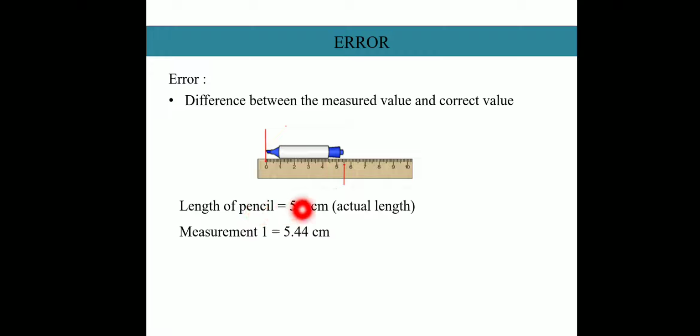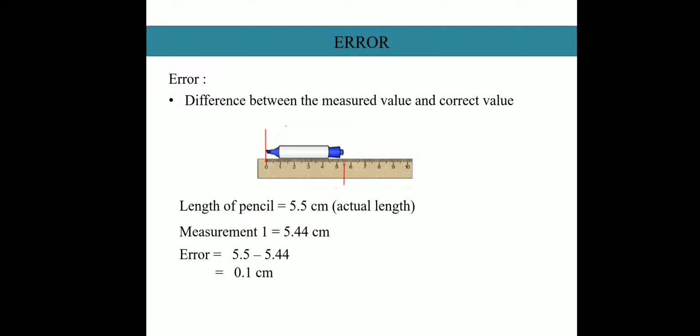The actual length is given as 5.5 centimeter, but when we measured it ourselves, the length came as 5.44 centimeter, which is less. So the error in measurement is 0.1 centimeter. There is a difference of 0.1 centimeter. That is what is known as an error.